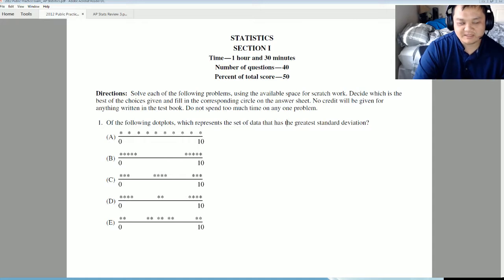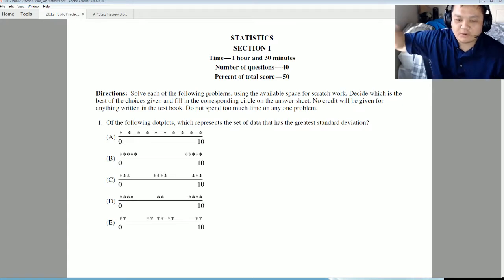The part that you're missing is understanding that the standard deviation has to do with gaps or distance between each point. So if you look at just the size of the gap, B has the largest gap between the points. Does that make sense?